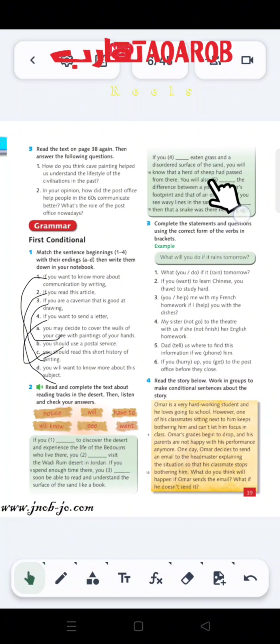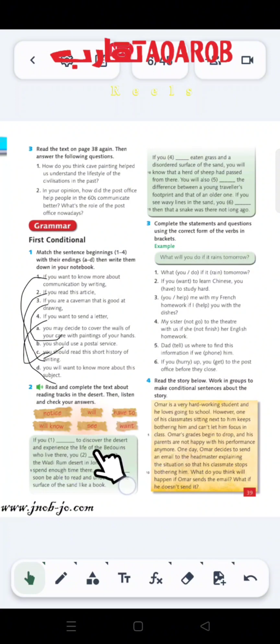You will also notice the difference between a young traveler's footprint and that of an older one. If you see wavy lines in the sand, you will know then that a snake was there not long ago. So 6 will be will know.